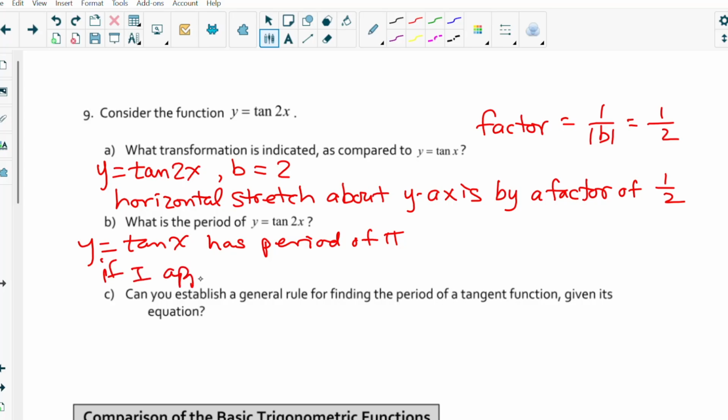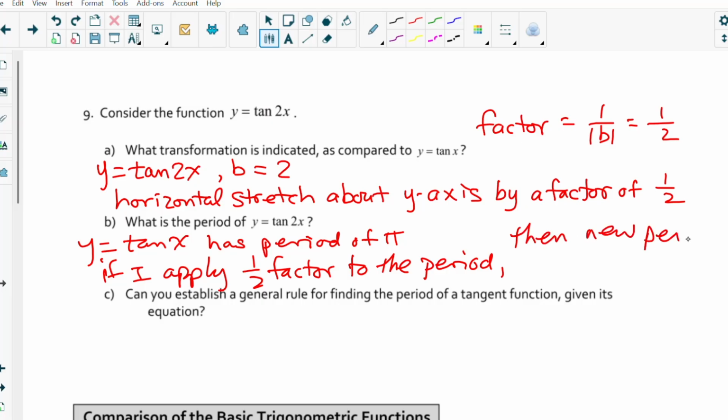If I apply the 1/2 factor to the period, then the new period is pi times 1/2, or pi over 2. So pi over 2 is my new period for y equals tangent of 2x.